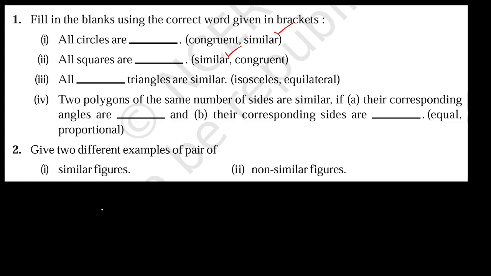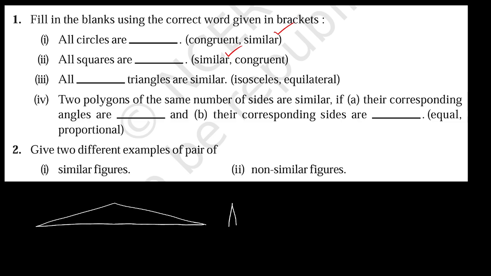Isosceles triangles are not necessarily similar, because isosceles means two sides are equal. Look at this diagram, you see that it is an isosceles triangle because it has two equal sides. Let me draw a smaller one.